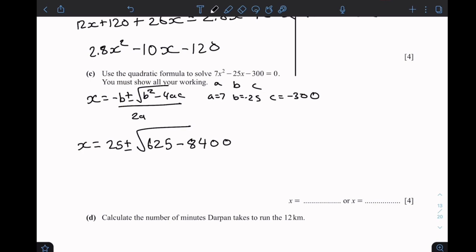Yeah. Okay, so then you divide this. I'm just thinking because this would be a negative number, right? My 25 squared minus 4.